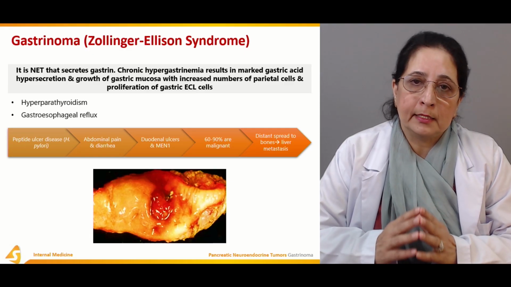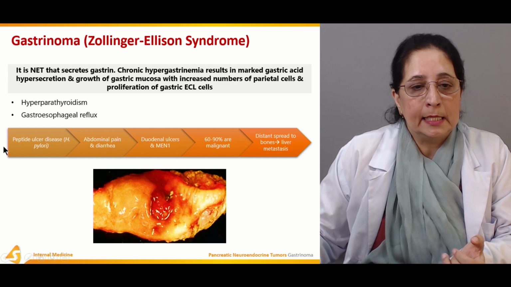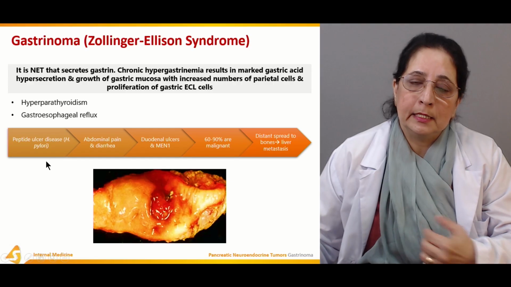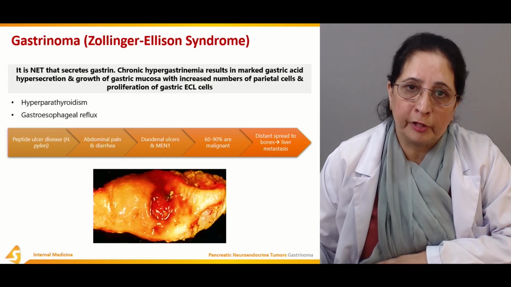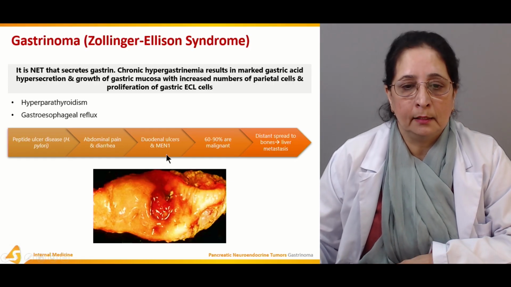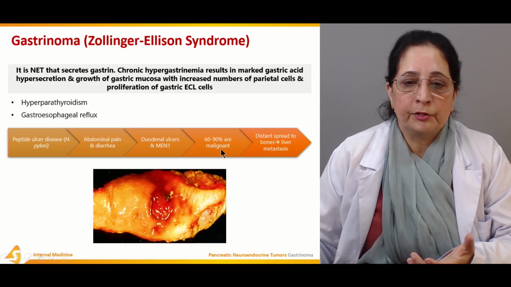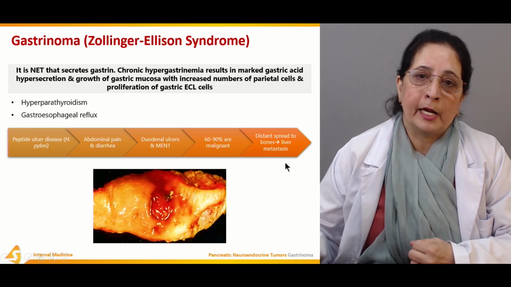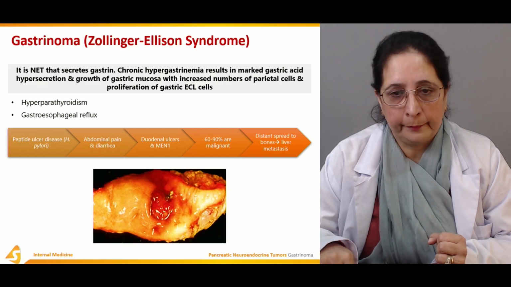That gastric acid causes ulcer formation. So there is peptic ulcer disease associated with gastrinoma that causes very bad abdominal pain, especially in the epigastric region. And then there is diarrhea, duodenal ulcer, and MEN1. 60 to 90% of gastrinomas are malignant and they can spread to the liver. Metastasis to the liver is also present.